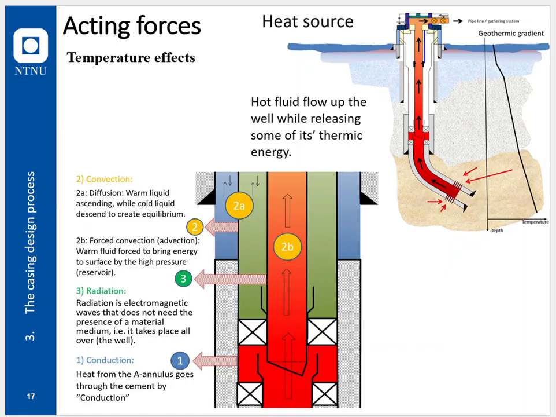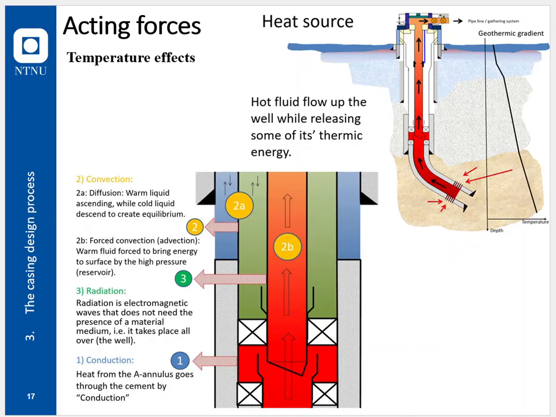There are in reality three main categories of energy transfer from temperature effects. Conduction, meaning that heat from the annulus is going straight through the physics of the material in the well.